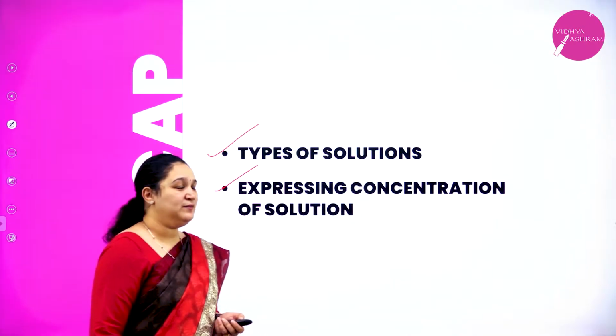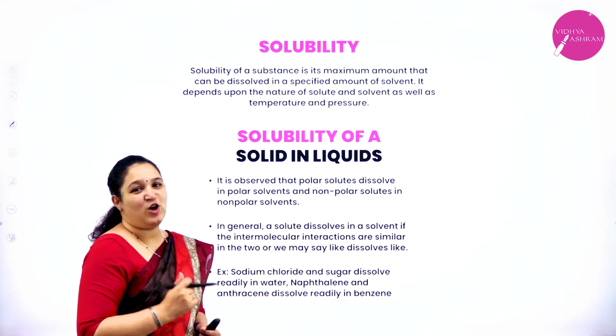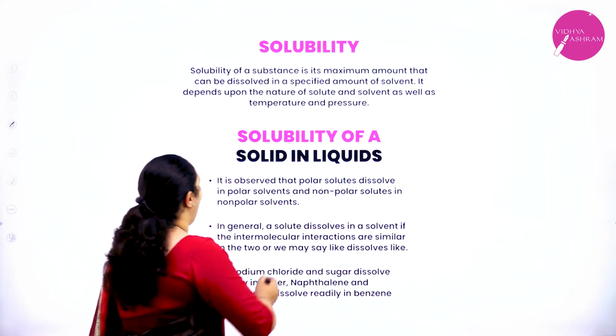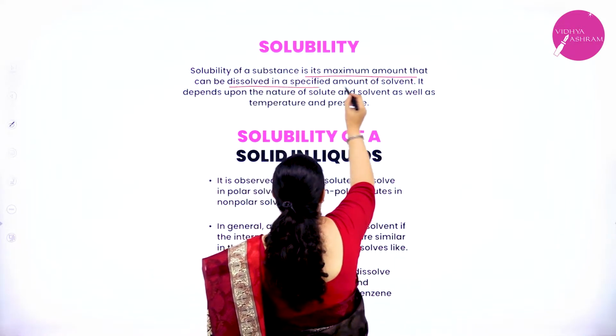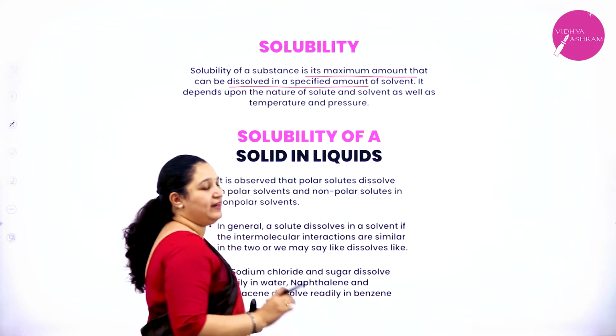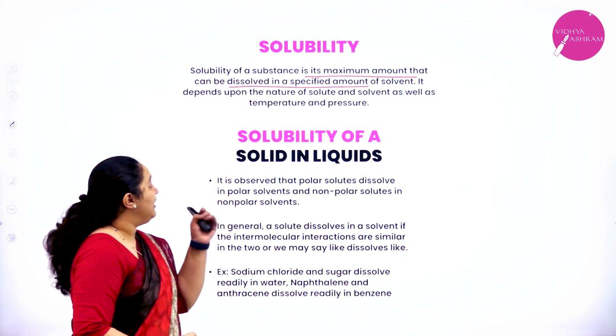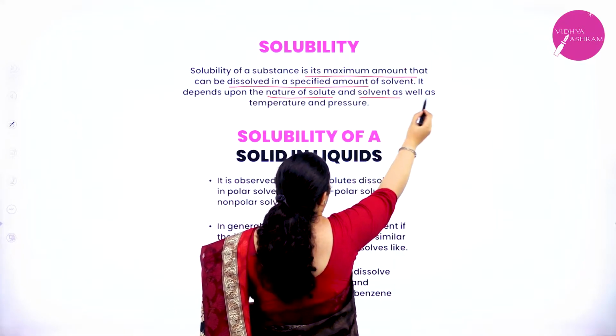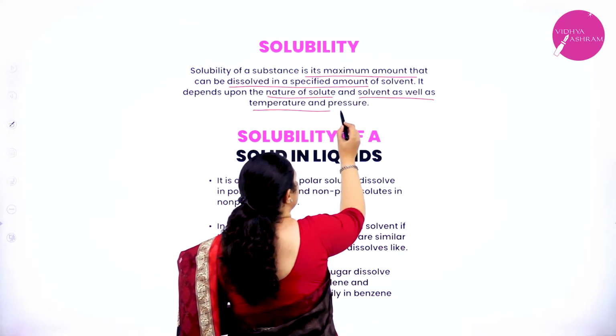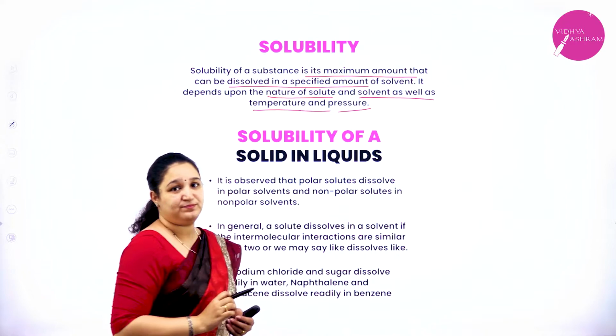So the first one, what is solubility? Solubility of a substance is its maximum amount that can be dissolved in a specified amount of solvent. It depends upon nature of solute and solvent as well as temperature and pressure.